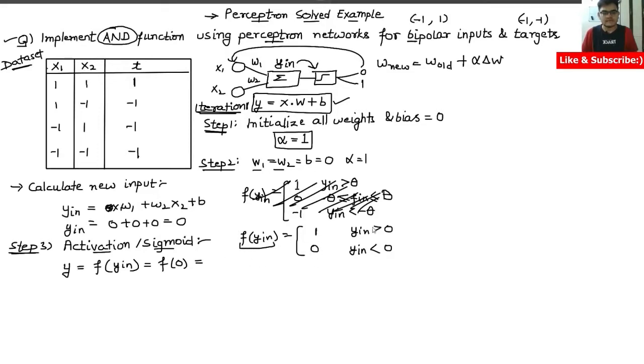So you can see that, and let's introduce an equal sign here also, if the value of y input, which is the net input, is 0, the value of fin is 0.